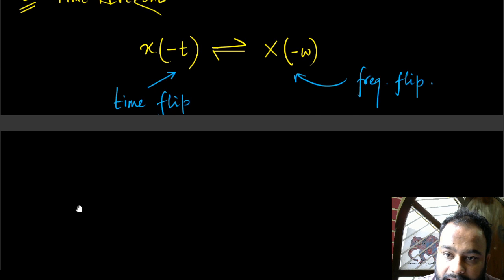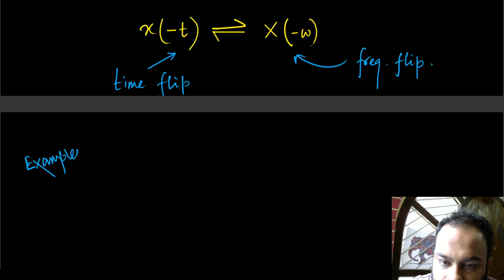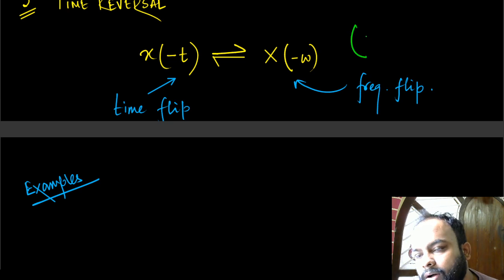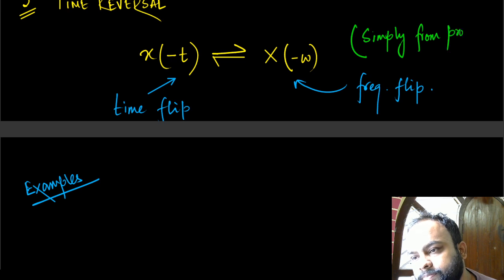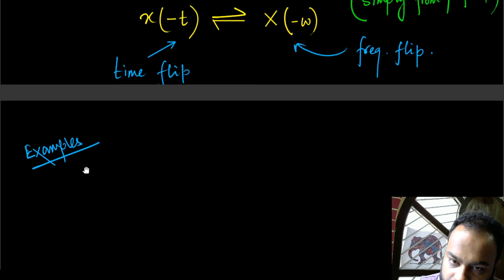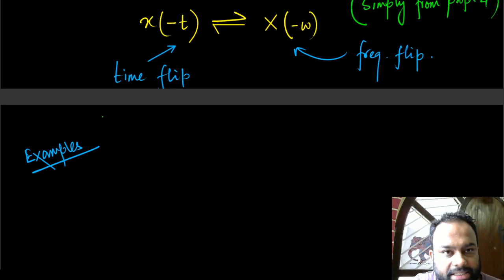So let's see an example that would make things clear. This can be easily proved, simply from property 4, right? Okay, right. So this has certain serious implications.